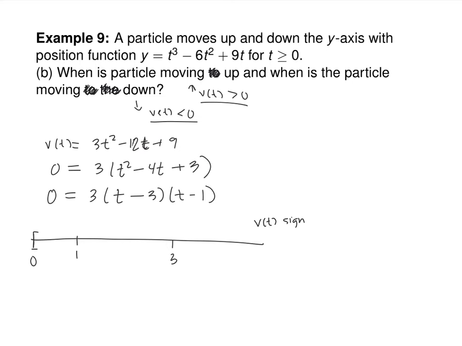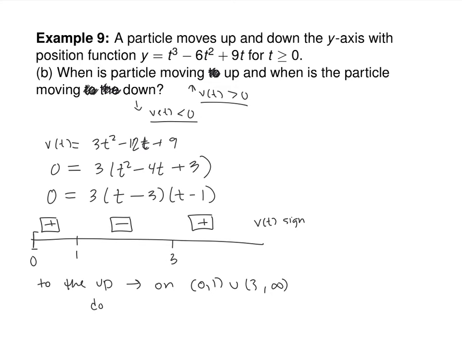You could test 0, right? Positive. How about between 1 and 3? And then how about after 3? Okay. So the particle is moving up on the interval from 0 to 1 and from 3 to infinity.